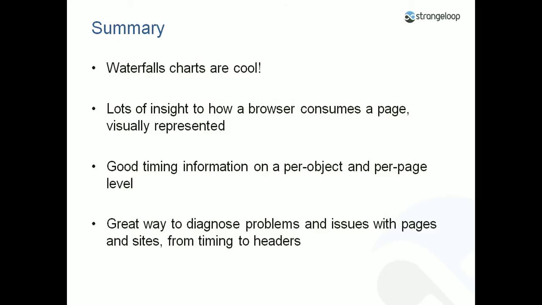So we see some things at a big level, and then we can drill down and get good information on a per-object level. It's a great way to get insight into pages, page performance, timing, and of course look at HTTP headers and get some insight there.